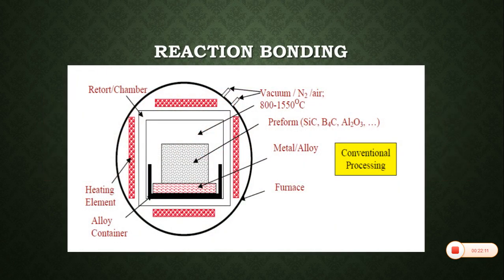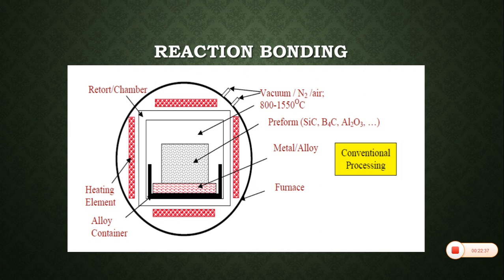Now, if we see the figure here, it shows the reaction bonding process applied to fabricate reinforced metals. For example, if we consider magnesium doped aluminum alloy, first a preform of fibers, whiskers or particulates, we have to shape that material.